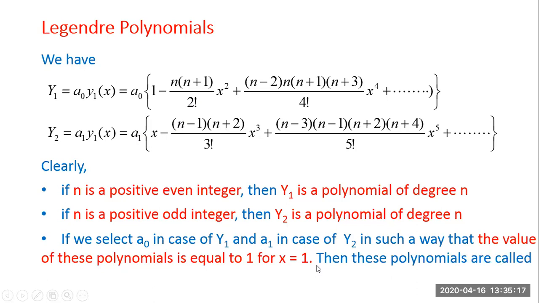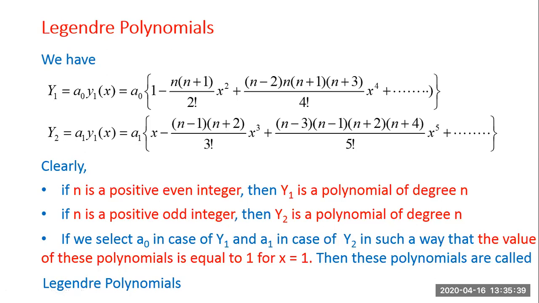Then these polynomials are called Legendre polynomials. So what are Legendre polynomials? The Legendre polynomials are either capital Y1 or capital Y2. So capital Y1 if n is even integer, capital Y2 if n is positive odd integer.